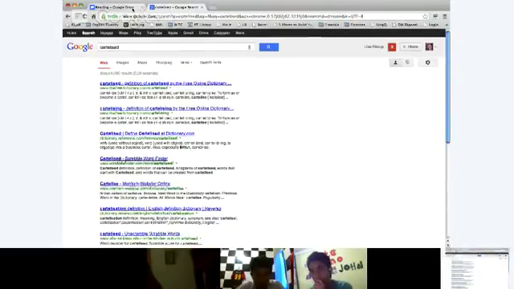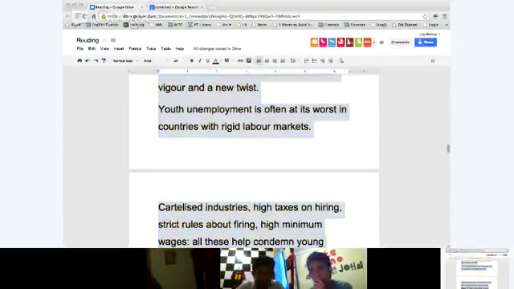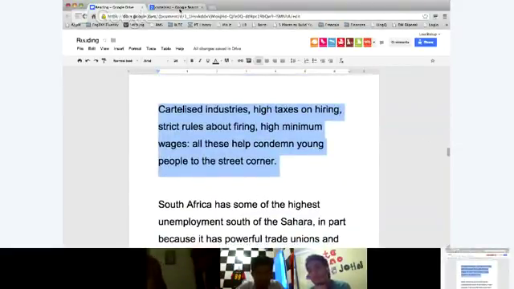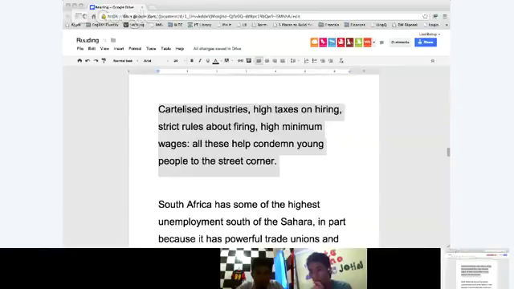Cartelized industries, high taxes on hiring, strict rules about firing, high minimum wages. All these help condemn young people to the street corner.